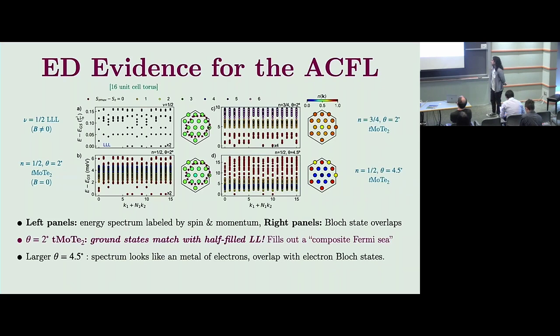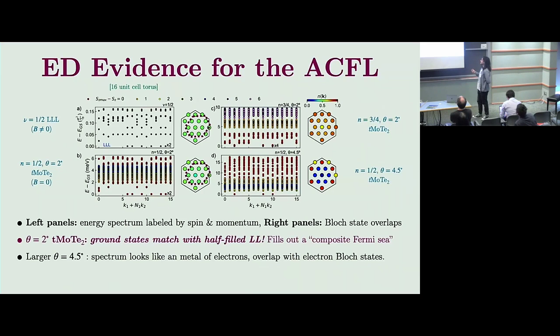Now, we can go to larger twist angles. That's this lower right-hand corner here, and you see totally different physics. It's still a metal, now a spin polarized metal, where the electrons are living at the edges of the Brillouin zone, and they have quite good overlap with Bloch states. That's this red. The top right corner here is for the 1/4 filling case.